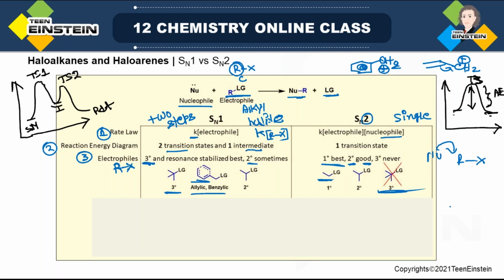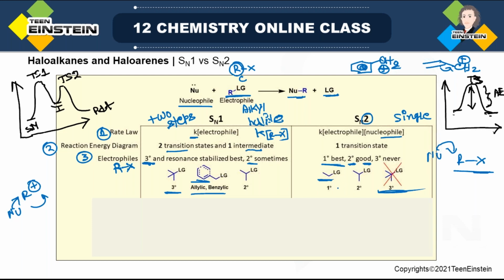So obviously here the steric factor is more important compared to the SN1 mechanism, because in SN1, first this R-X bond is broken, you get R plus, and then the nucleophile attacks either from the back side or the front side. So compared to SN2, obviously the steric hindrance problem is not so significant, right? So that is why we mostly talk about steric factor only in the case of SN2.